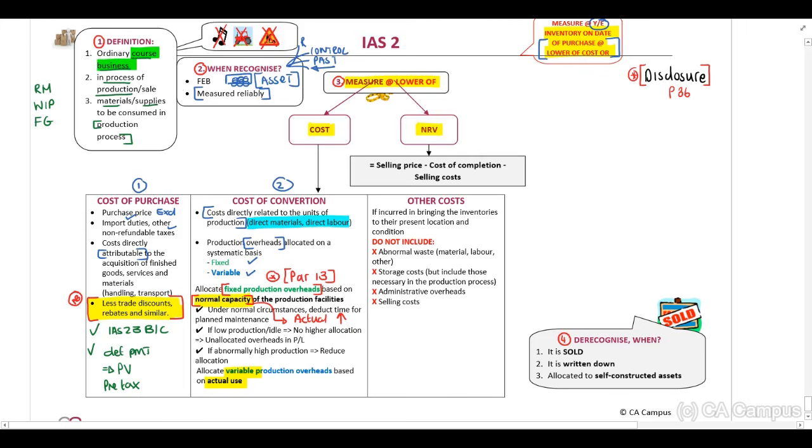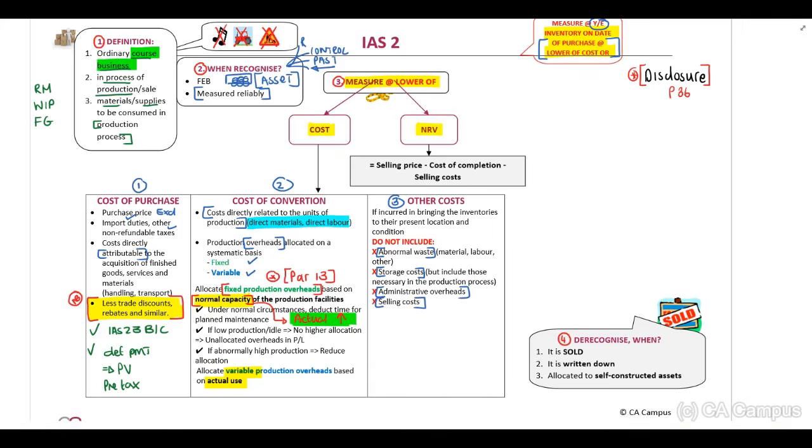If your actual capacity is significantly higher than the normal capacity, you need to use the actual capacity. Then other costs shall not include abnormal waste, storage costs, but important, this will include those necessary in the production process, will not include admin overheads and selling costs.